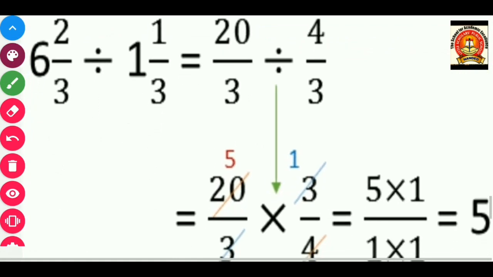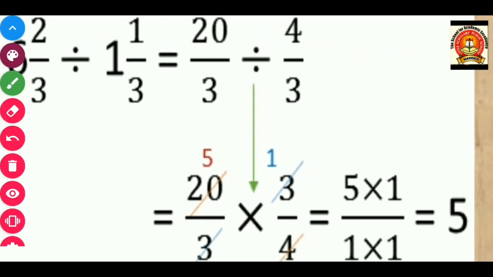Now here one more we are having: 6 2 by 3 divided by 1 1 by 3. 6 2 by 3 we can write as 6 3s are 18 plus 2, 20 upon 3, which is going to be divided by 4 upon 3. So now we have got the improper fractions.